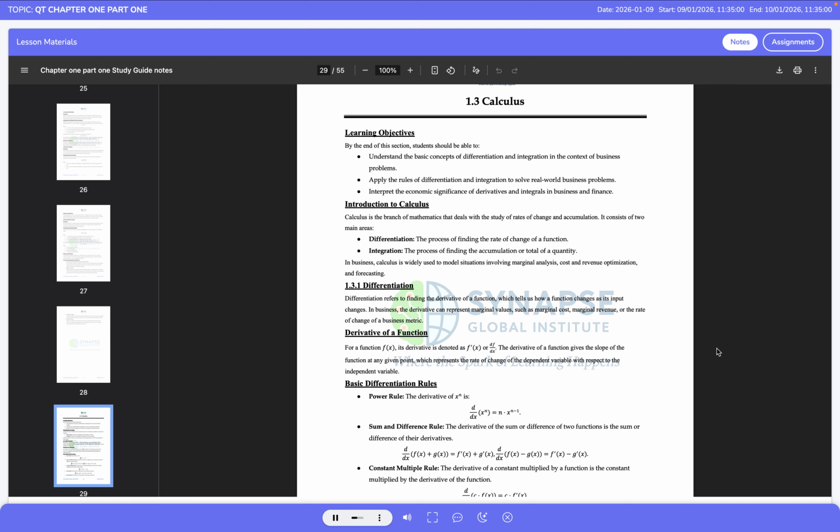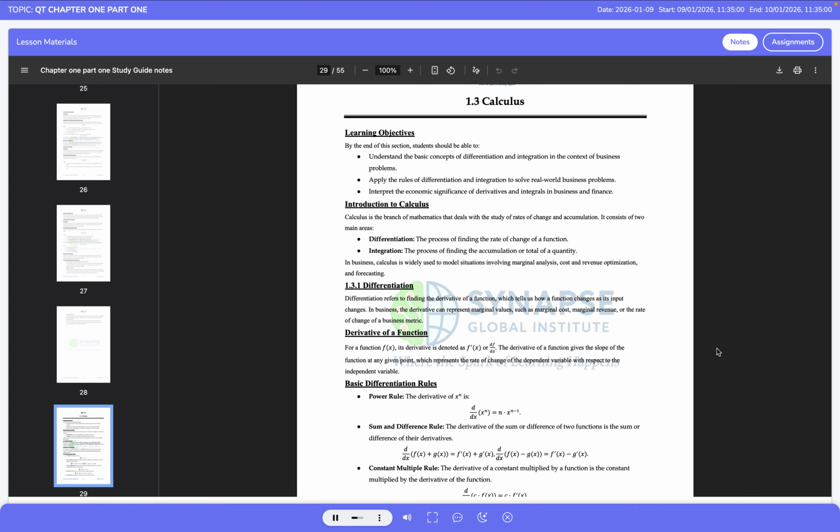By the end of this section, you should be able to understand the basic concepts of differentiation and integration in business contexts, apply the rules of differentiation and integration to real-world business problems, and interpret the economic meaning of derivatives and integrals. Calculus is the branch of mathematics that focuses on rates of change and accumulation.